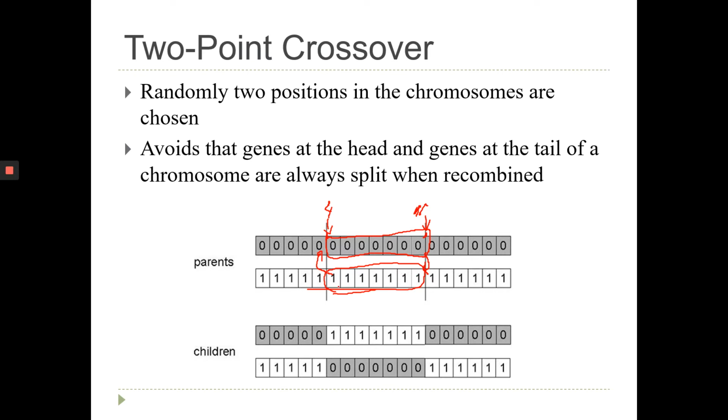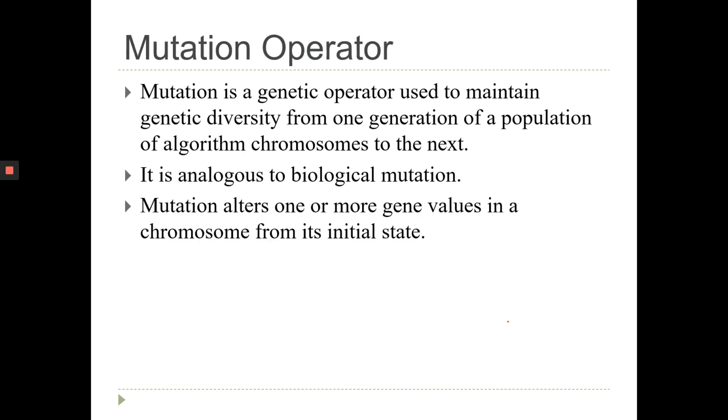So these genes from parent 1 will move to parent 2, and parent 2's will move to parent 1. So we get another two children, child number 3 and child number 4, from parent number 1 and parent number 2. And these two children will be stored in the new population.